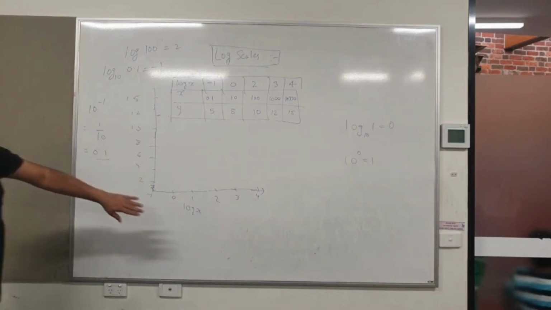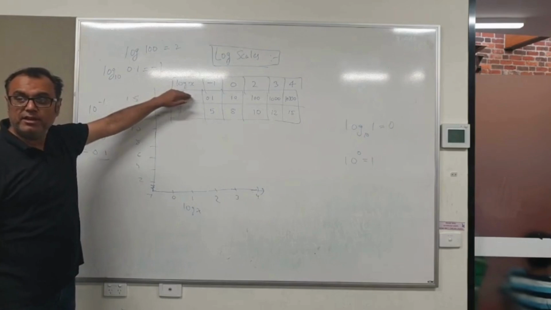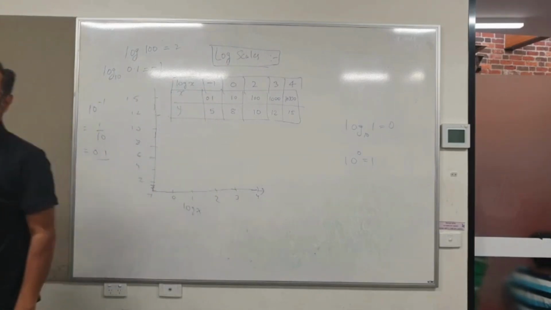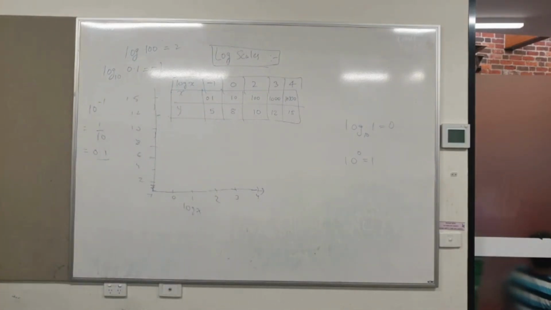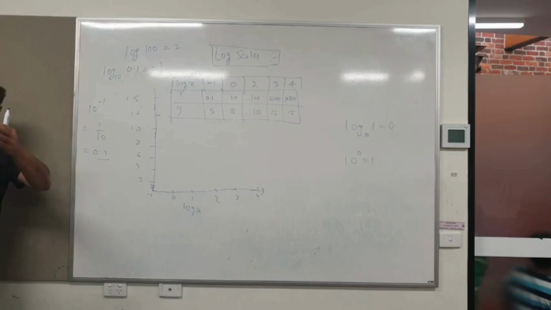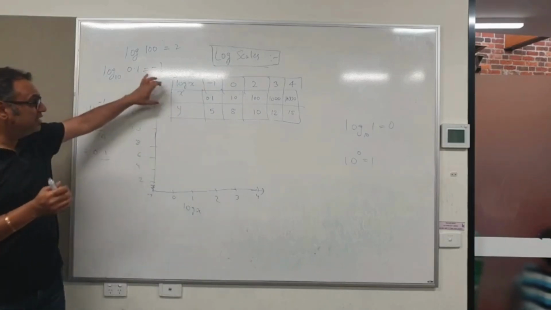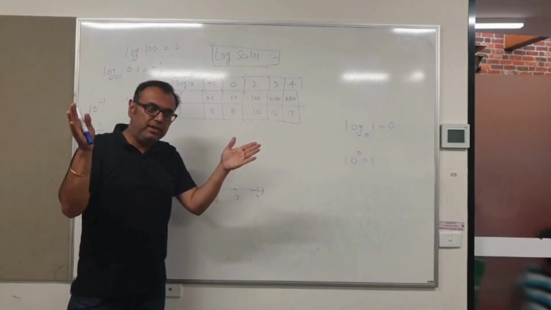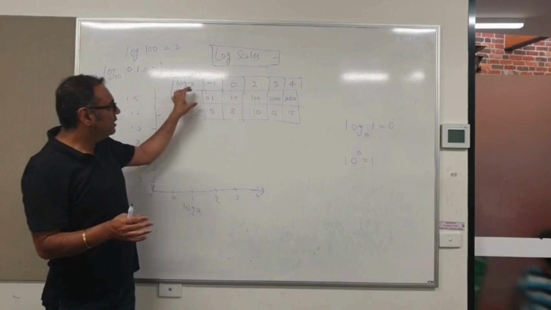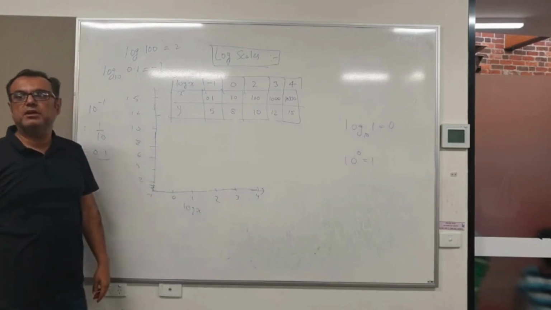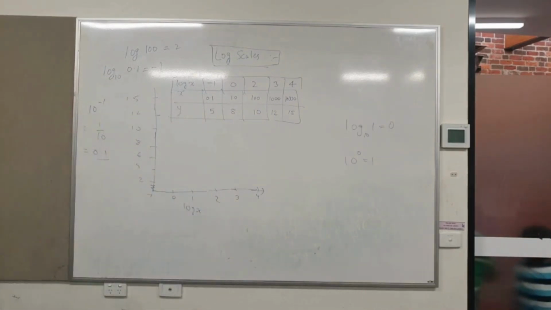So, you have converted regular data into log data. This is why the log scales are used. If you have very high and very low numbers all together in your data set, you can compress them to become more realistic to scale them down. Any problems here?